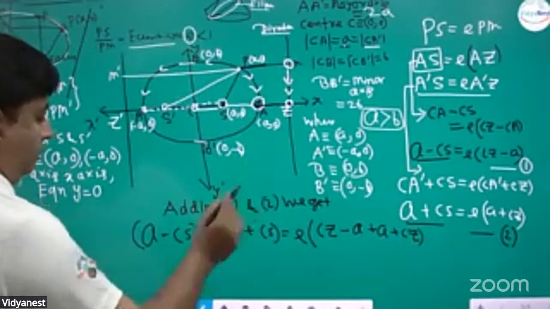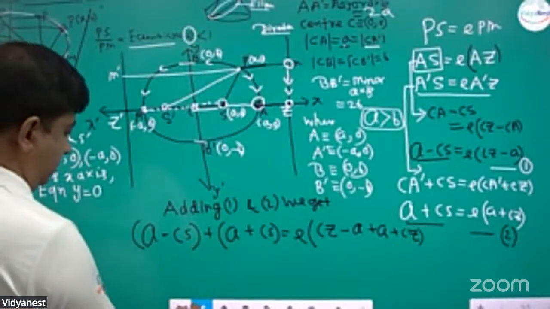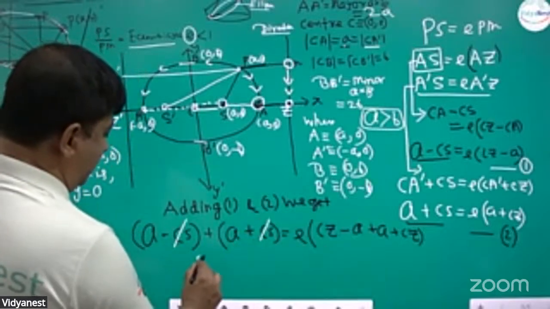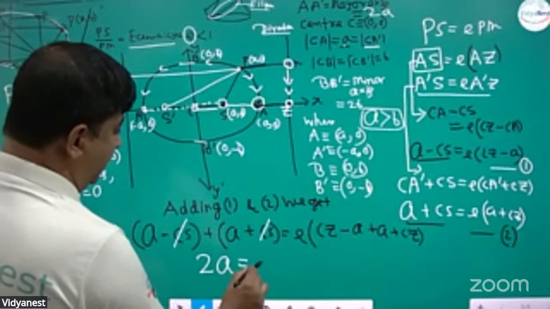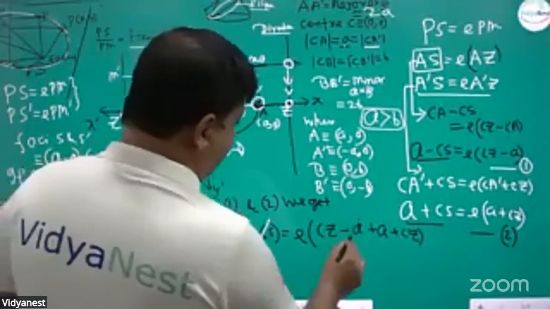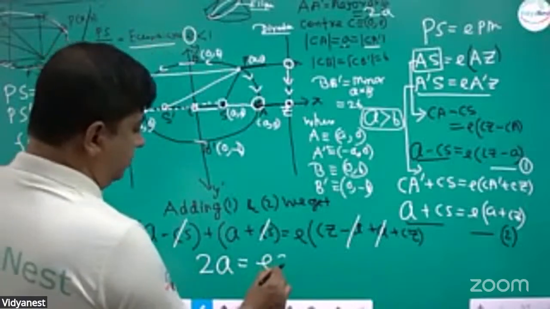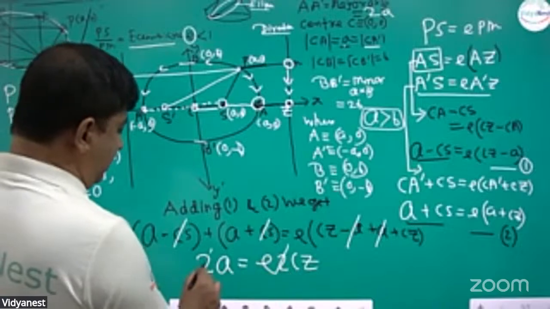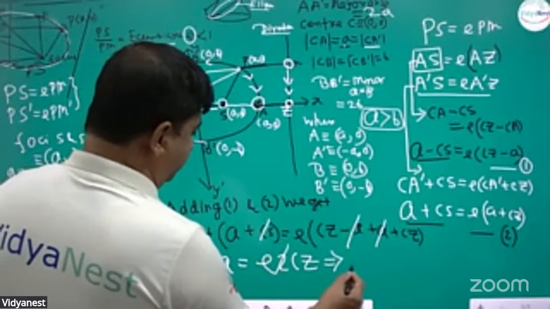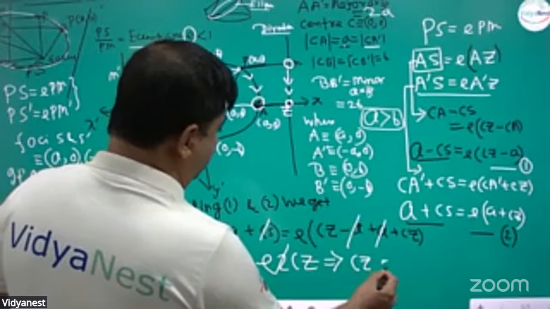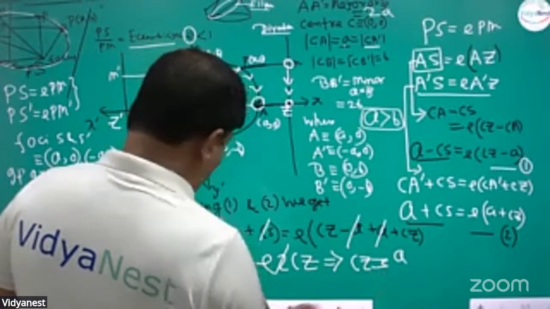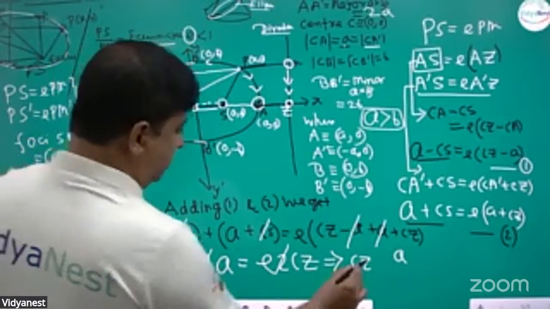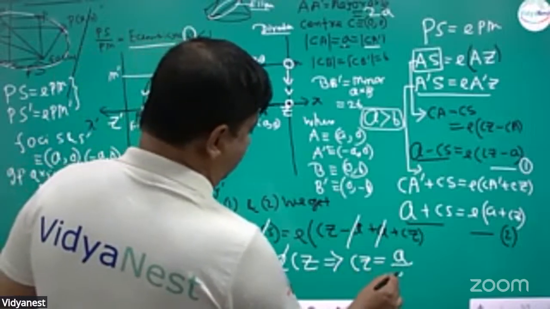So if I remove the bracket, you observe CS and CS will cancel. You will get 2a, e into minus a plus a cancel, 2e CZ. So 2 cancels. Then CZ is equal to a by e. CZ is equal to a by e.